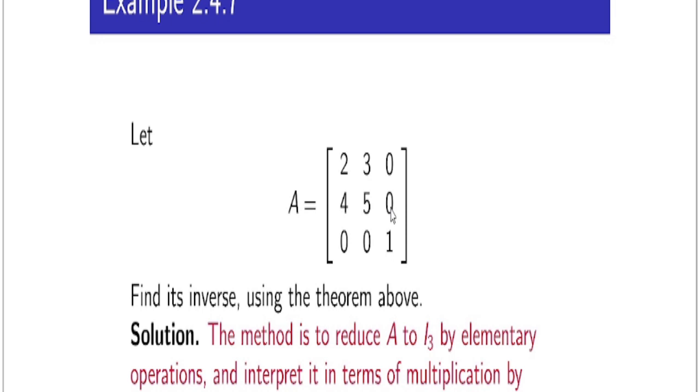The method is to reduce A to the identity matrix of order 3 by elementary operations and interpret it in terms of multiplication by elementary matrices. This is the solution of our problem. So we solve this problem step by step.